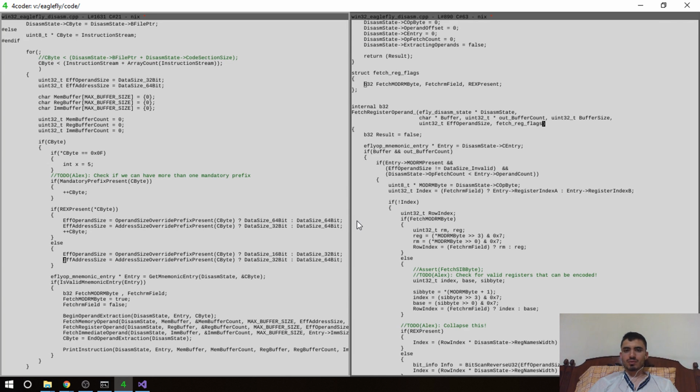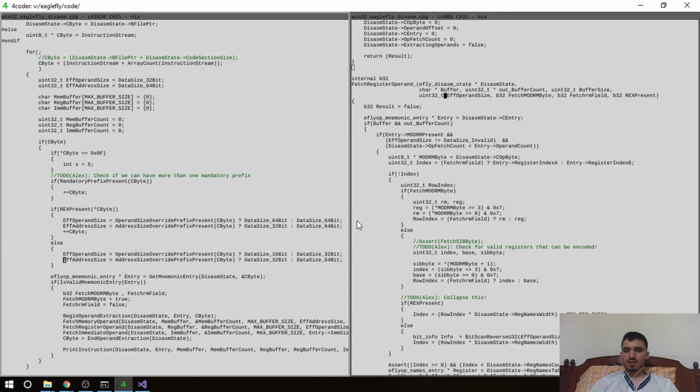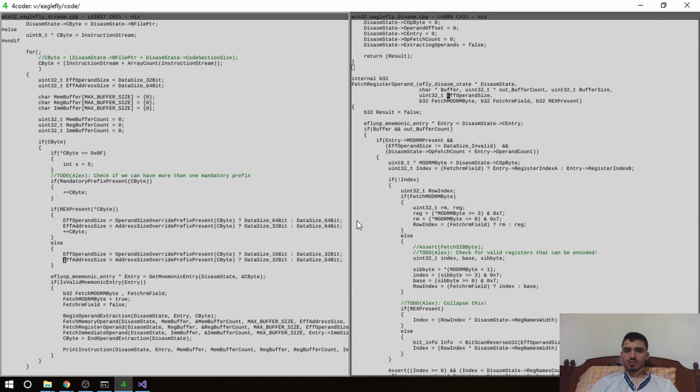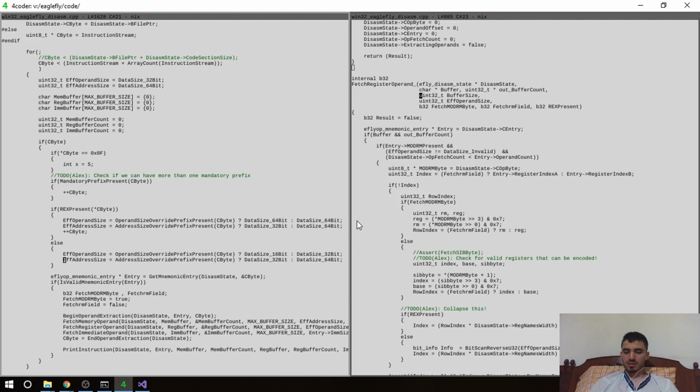Now there's a reason why not to do that. Well, I'm going to keep it this way for now, because it's good to have simple types passed as parameters.